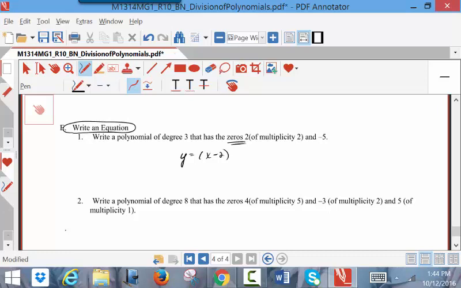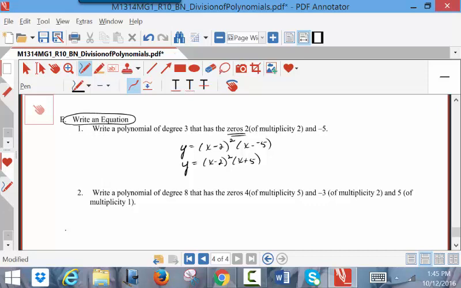And it's a multiplicity 2, so it's going to be squared. If negative 5 is a 0, it's x minus that number. So this becomes y equals x minus 2 squared times x plus 5. And it makes sense. Your zeros are going to be at 2 and negative 5. It's going to touch at the 2 and it's going to cross at the negative 5.